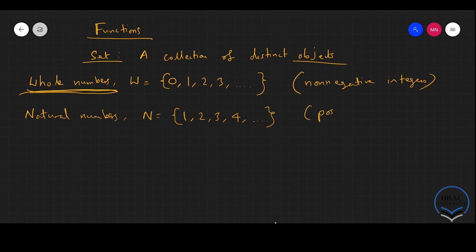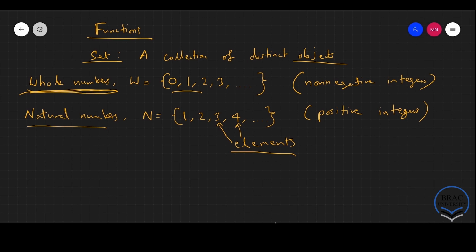We just have positive integers that belong in this set of natural numbers. And each of these objects in this set, they are known as elements of that set. So 1, 2, 3, 4, 5, 6, and so on. All of these are just elements of the set of natural numbers. And similarly, 0, 1, 2, 3, and so on. These are just the elements of whole numbers.